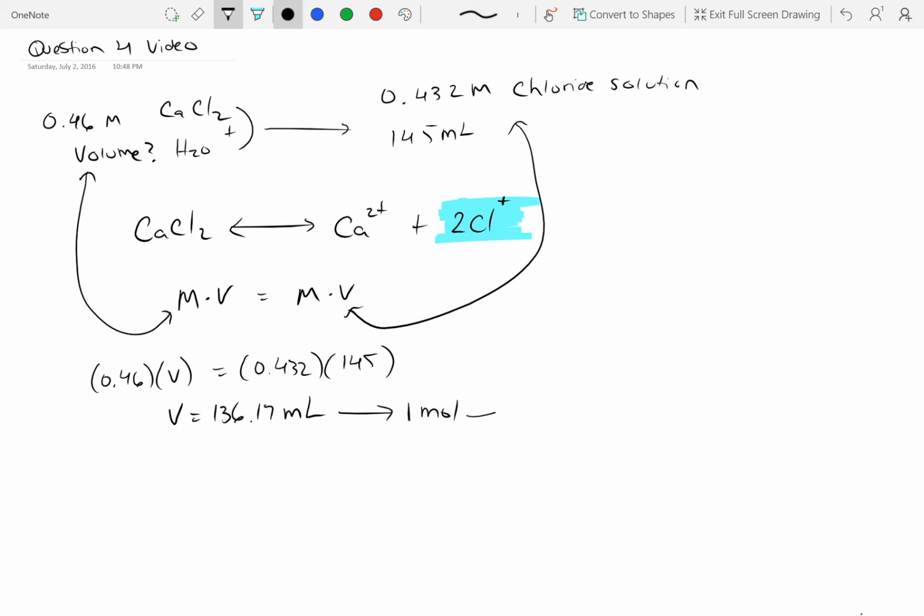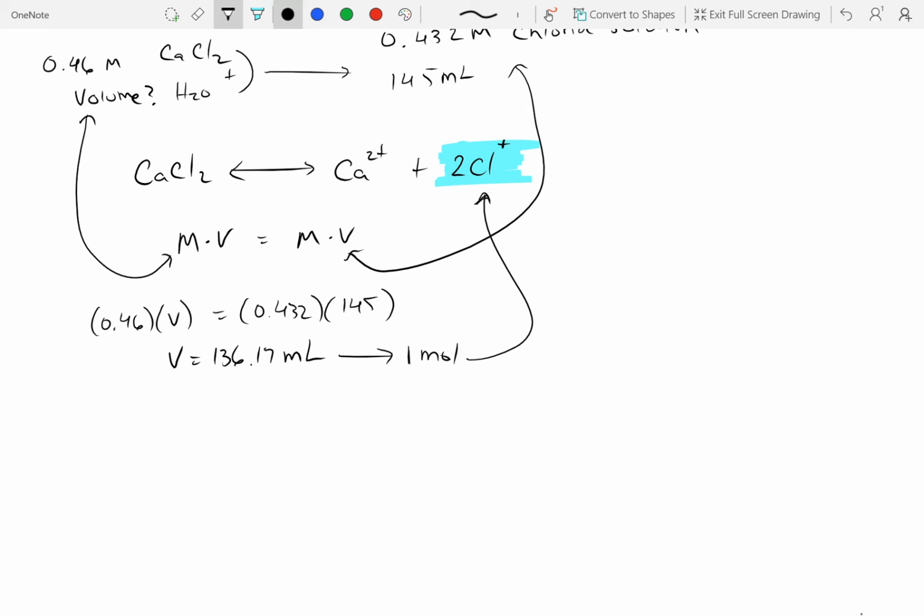But because they're asking about the chloride ion solution, I'm pretty sure they're actually asking for 136.17 divided by 2. That's because of this 2 right here, and because this whole volume is calculating assuming 1 mole, and this is 2 moles. Whenever you do this equation, you actually have to divide it by 2.